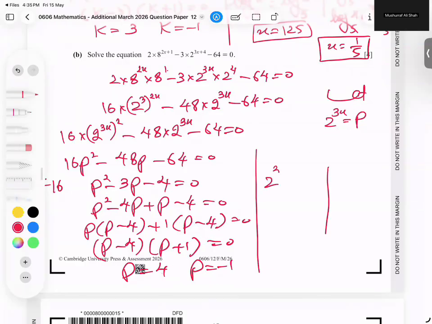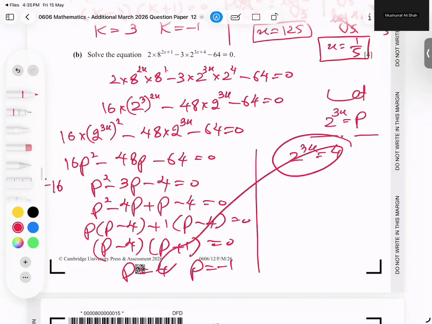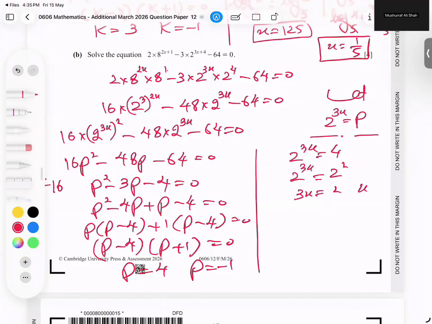So 2 to the power 3x, or I can do one thing. First of all, I'm using here 2 to the power 3x equals 4. This 4 comes from here. And this is 2 to the power 3x, and here 2 to the power 2, same bases. So I can say that 3x is equal to 2, and x becomes 2 over 3.